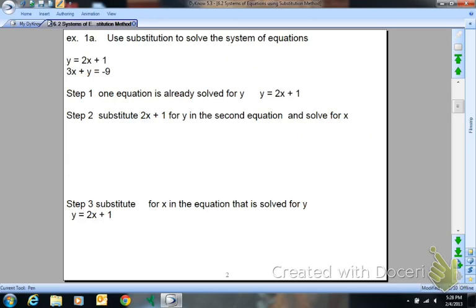Okay, as you'll see in step 1, one equation is already solved for you. Y is equal to 2x plus 1. So we're going to substitute 2x plus 1 in for y in the second equation. So we write the second equation down.